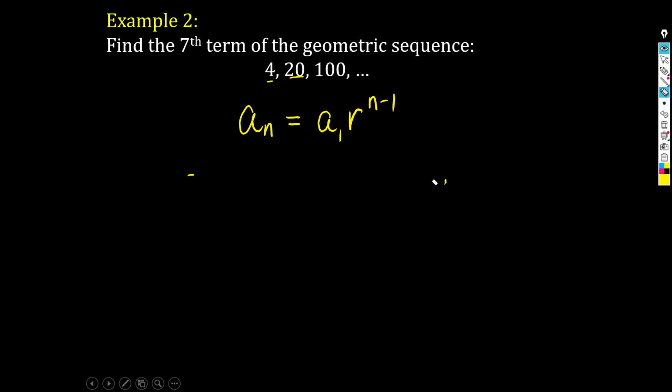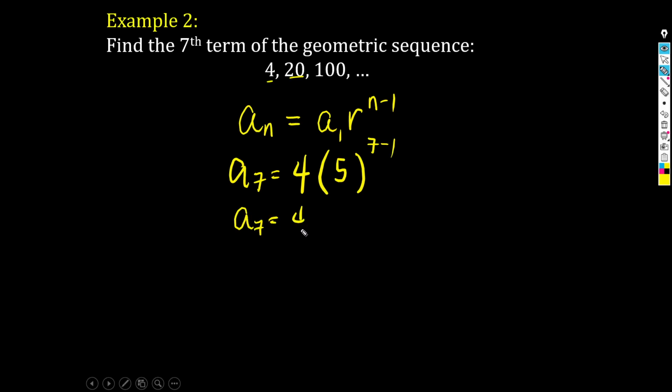I'm looking for a sub 7. I know that a sub 1 is 4. I know that r is 5. And n minus 1. We know that n is 7, so that's 7 minus 1. Okay, so that's a sub 7 equals 4 times 5 raised to the 6th power.